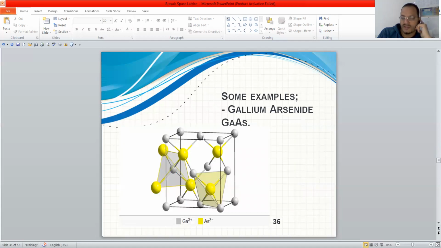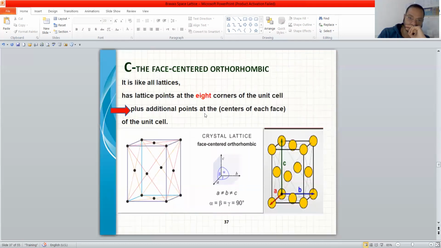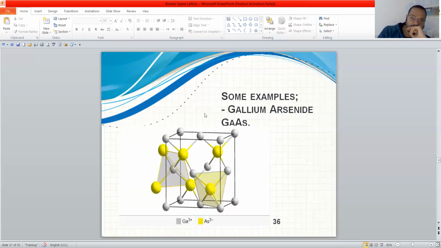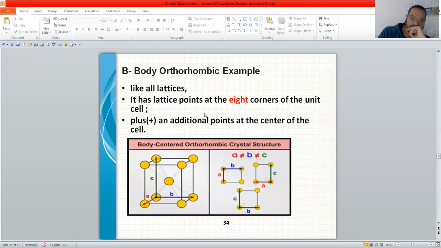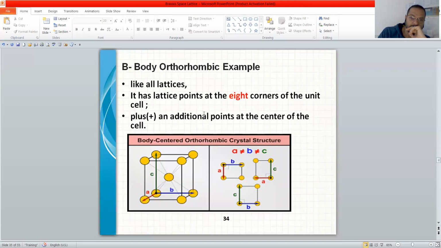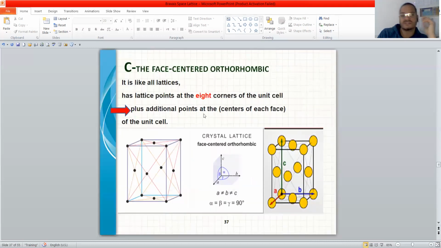Let's take an example. Gallium arsenide is a good example to illustrate the body-centered orthorhombic structure. Now, let's complete with the face-centered orthorhombic.